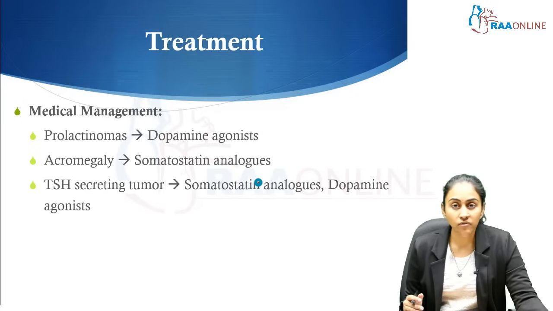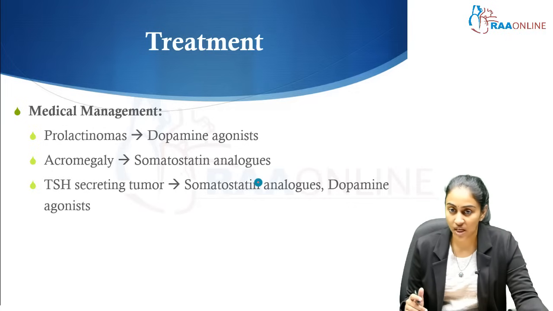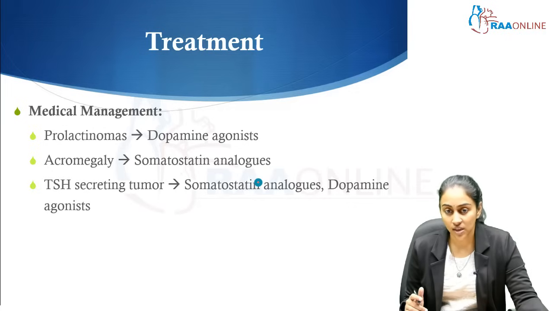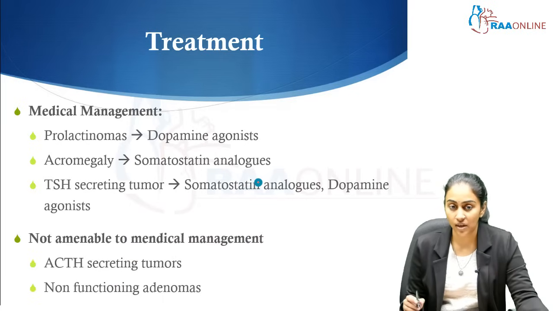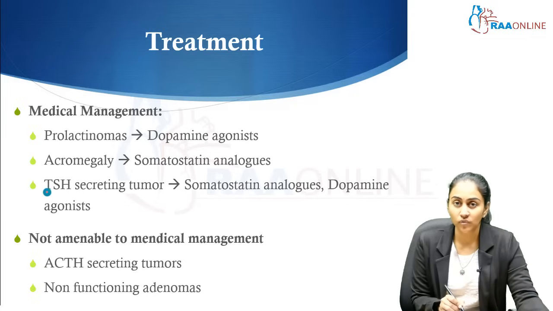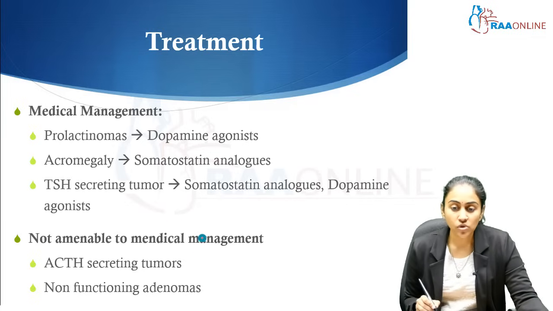So, how do we offer medical management? For prolactinomas, dopamine agonists form the cornerstone of management. For acromegaly, we use somatostatin analogs. And for TSH secreting tumors, again, somatostatin analogs and dopamine agonists, both are going to be handy. TSH secreting tumor is not very common. And what are the tumors which are not amenable to medical management?